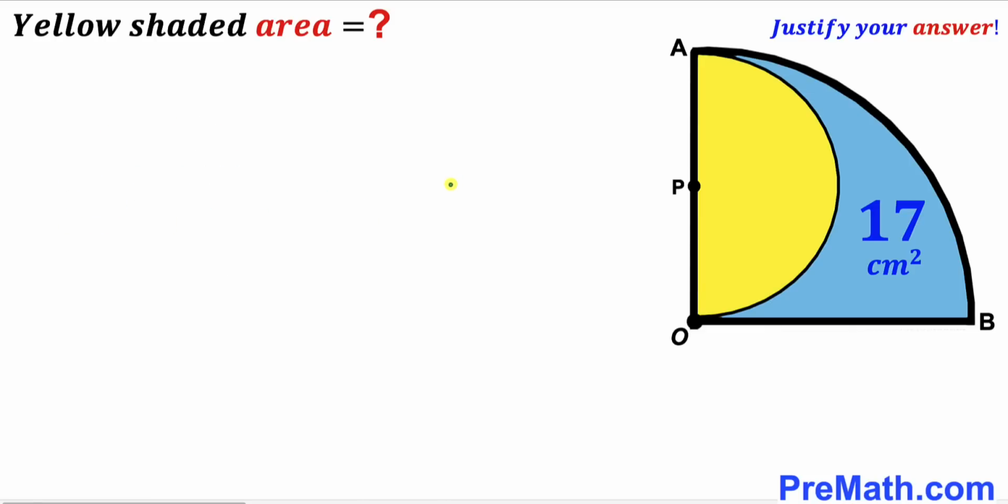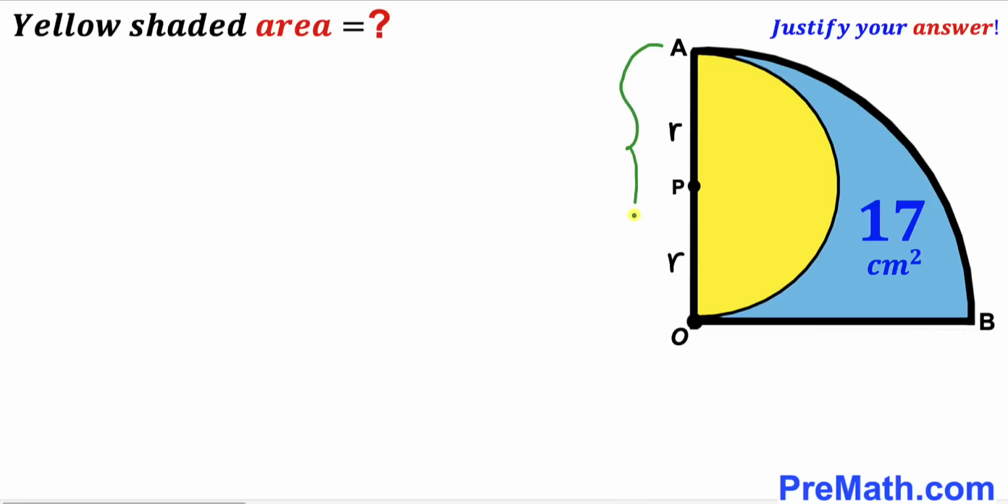Let's go ahead and get started, and here's our very first step. Let's focus on this yellow shaded semicircle. We know this OP is the radius of this yellow semicircle. I'm going to label this one as lowercase r. Then this AP length is going to be lowercase r as well. And now let's make an observation.